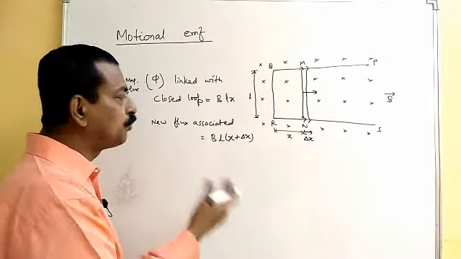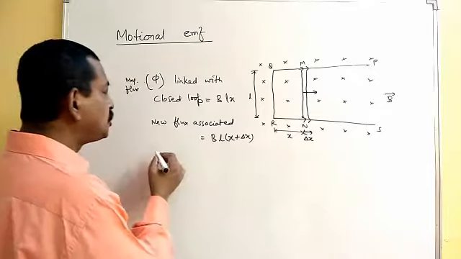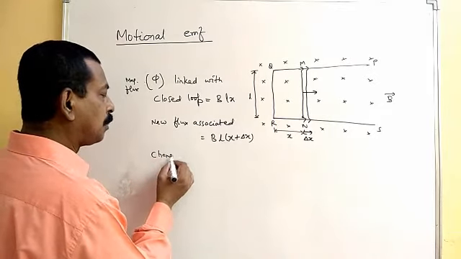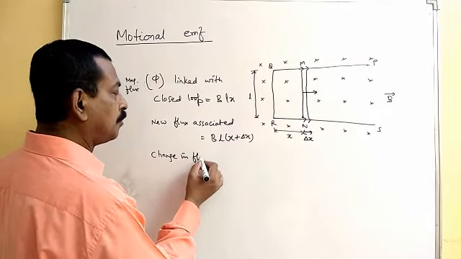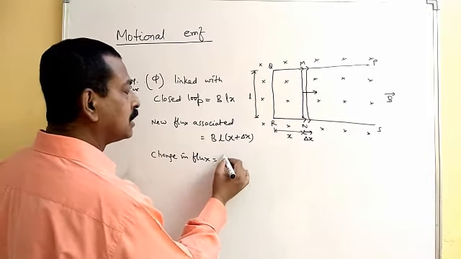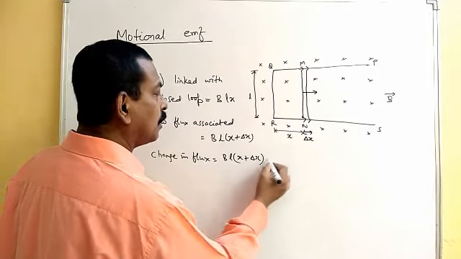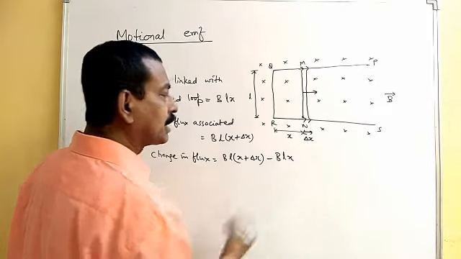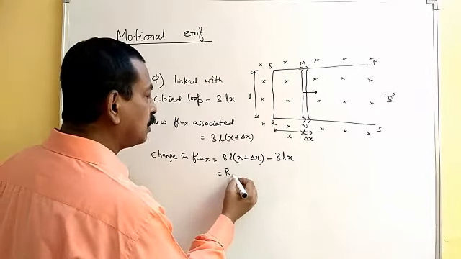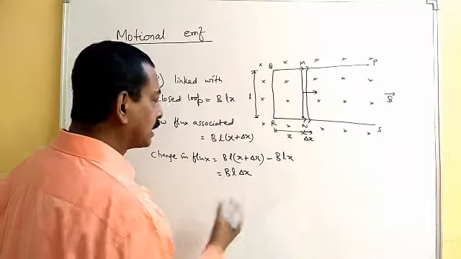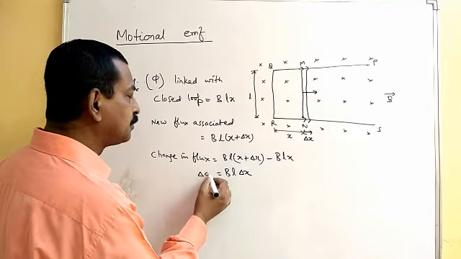This is the new flux. So the change in flux is BL(x plus delta x) minus BLx, which is equal to BL delta x. This is the change in the flux.